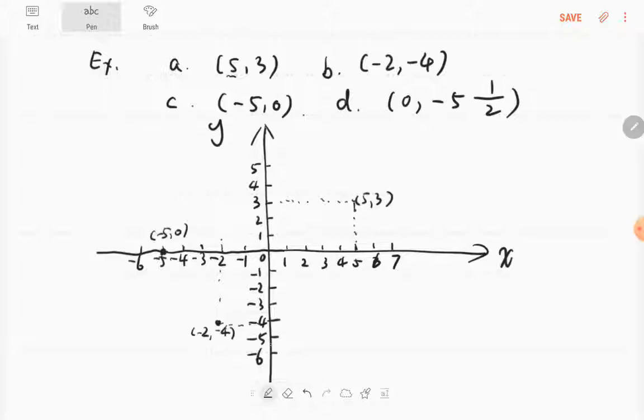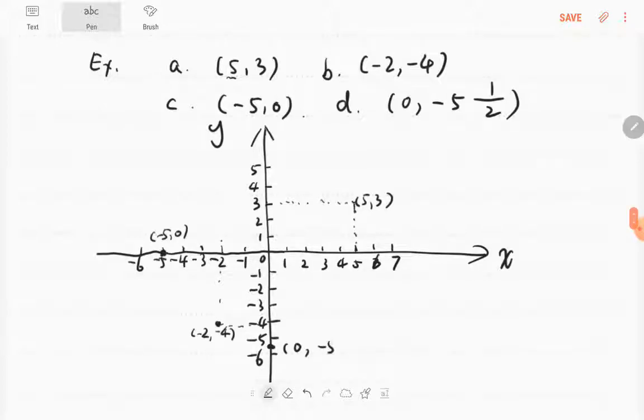So negative 5.5 will be like this one. So this will be 0 for x, right? From this value, we know the point is just on the y-axis.